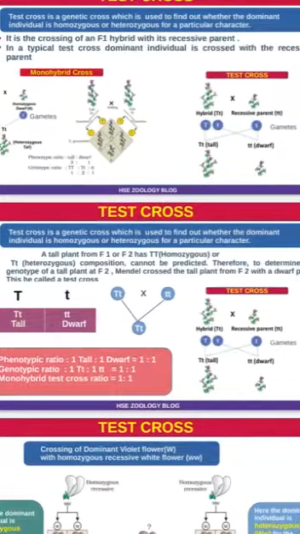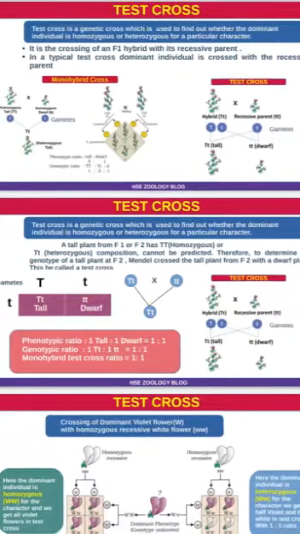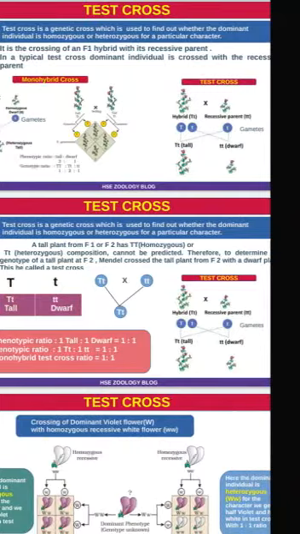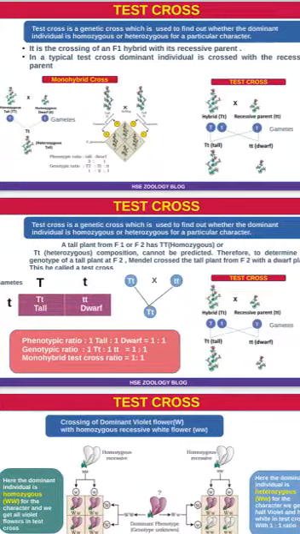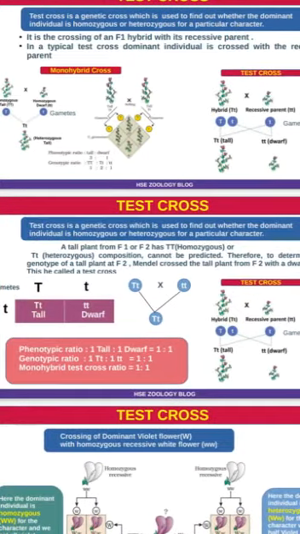A test cross is conducted to find out the unknown genotype of a parent. A test cross is always conducted with the recessive parent. It is the crossing of the F1 hybrid with its recessive parent to find out the unknown genotype of the F1 progeny.